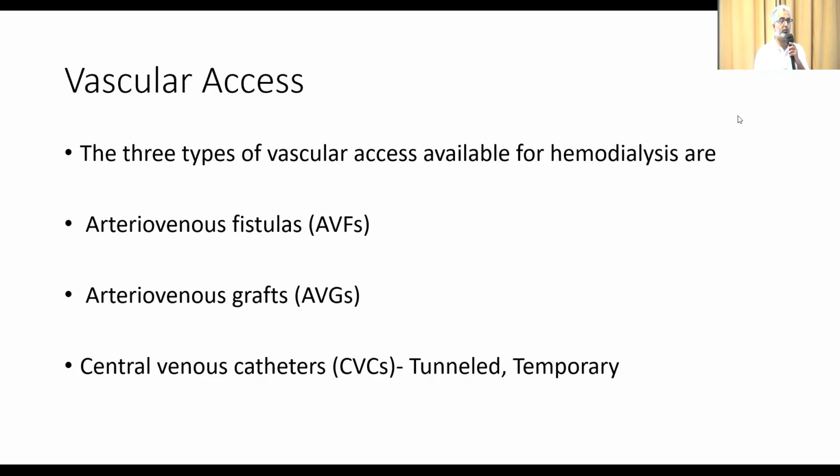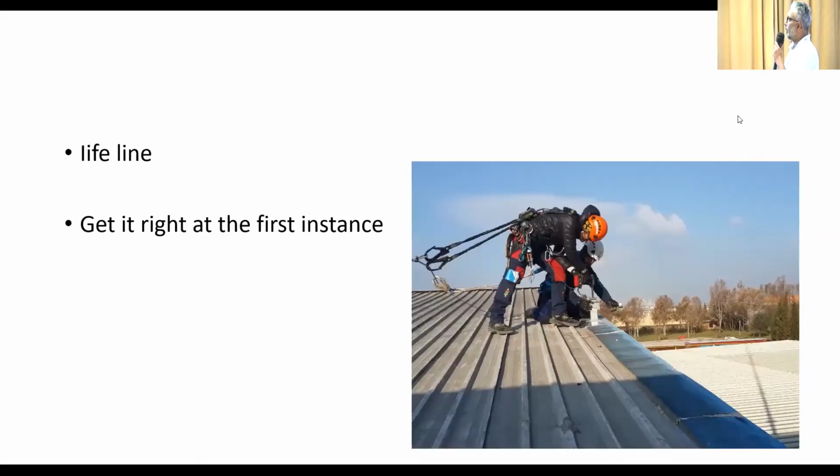So, why do you do arteriovenous fistulas? You want a big vein. You want an arterialized vein so that you can take blood from there, clean it up, and put it back, right? I said, this is a lifeline for a patient. And if it goes, it is shown that the mortality increases if you don't have a good vascular access.